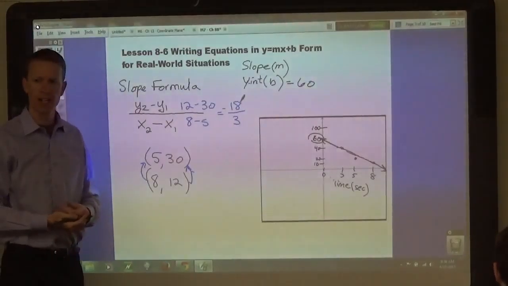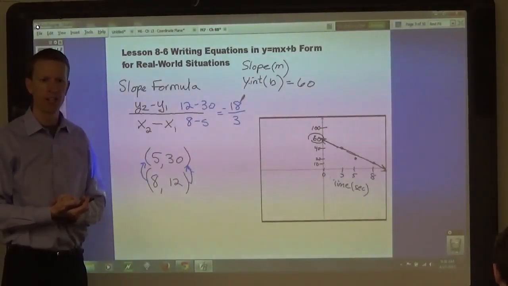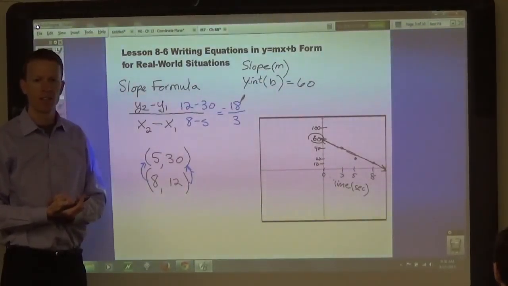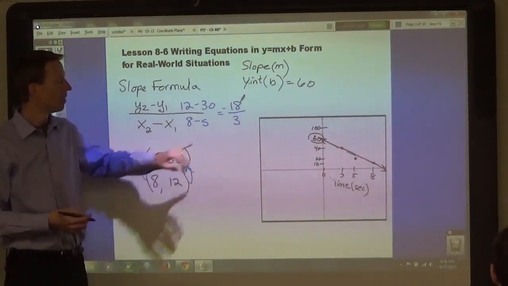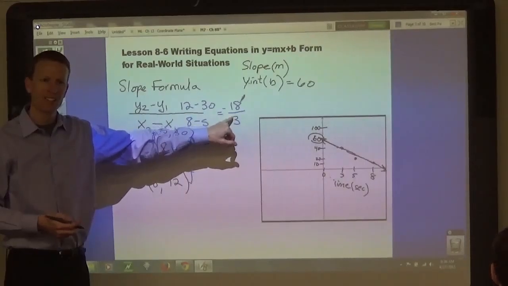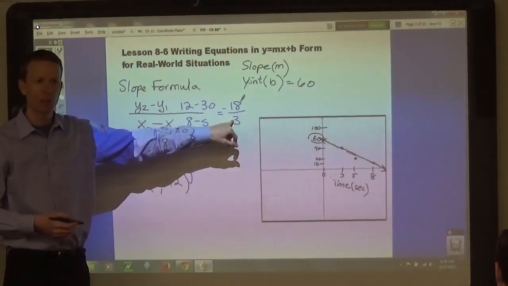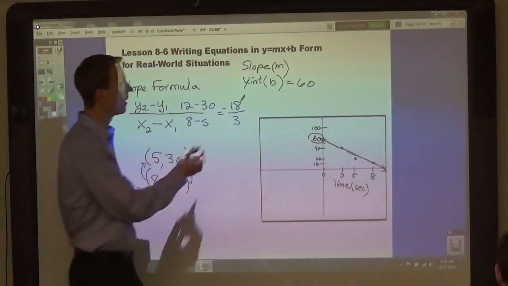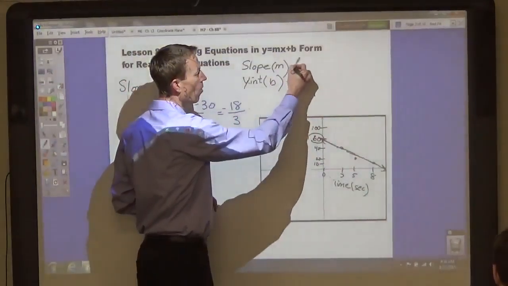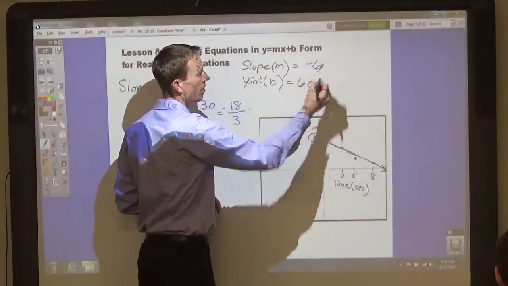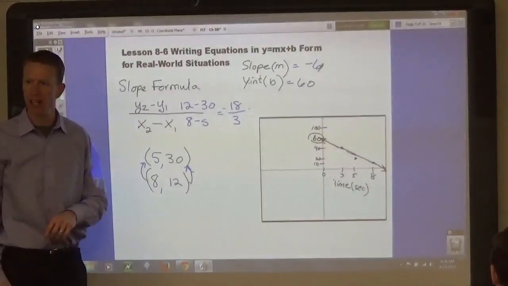Negative 18 over 3 is what, Henry? Stop saying the answer. Concentrate here. Negative 6. Simplify it to what, Hunter? Negative 6. And that is what we use for M then. That's our slope, isn't it?